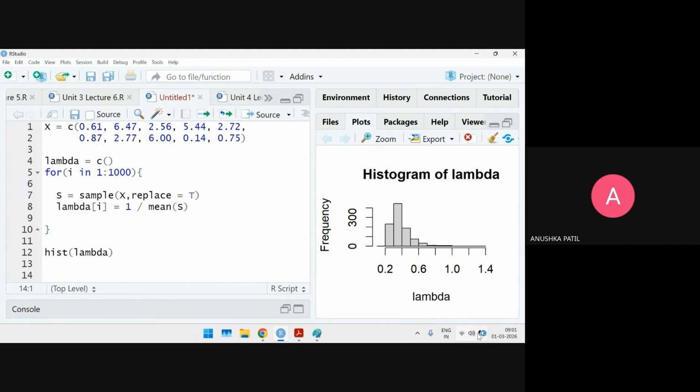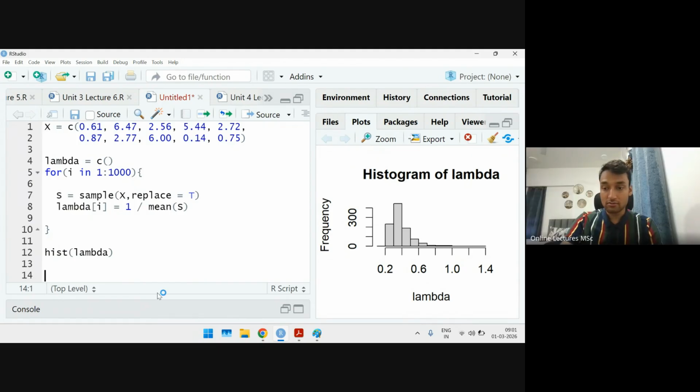Sir, we have to look at the distribution of lambda here. That you will now have to assess, given whatever we have discussed. Doesn't matter even if you're wrong. Whatever you have understood, try to make a judgment on that.